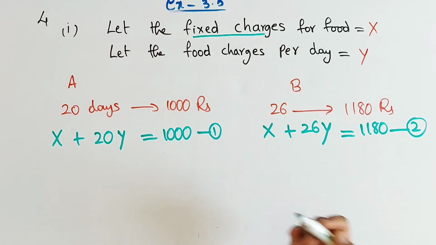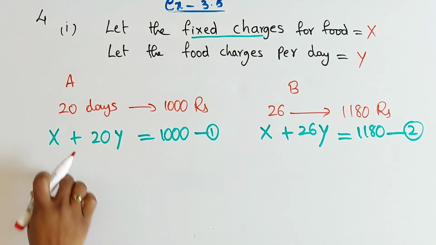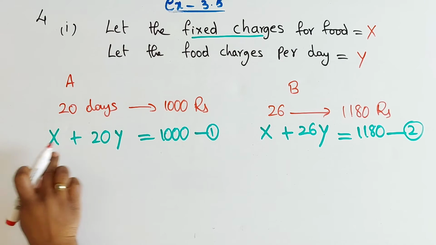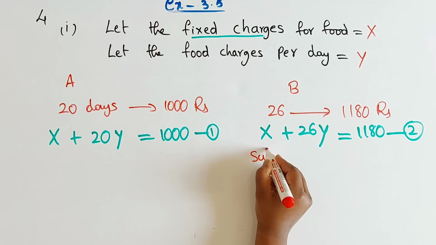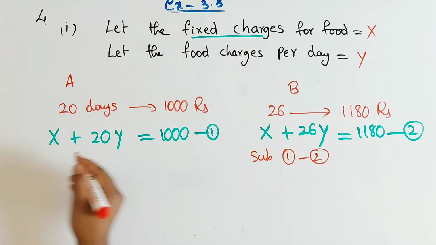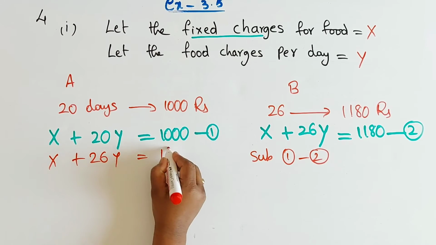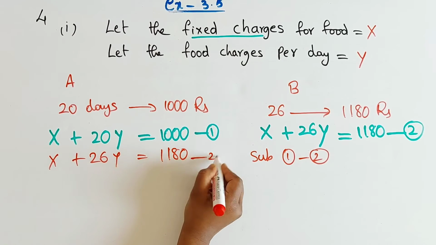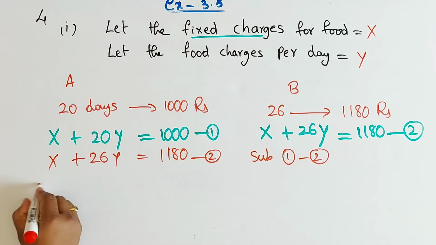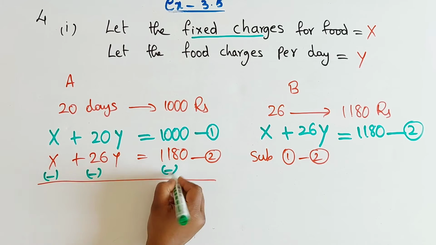Let us do it with the elimination method. In both equations we have the first term X and X, so let us subtract 1 minus 2, children. I am writing the second equation here: X plus 26Y equal to 1180. Now we have to do subtraction, so change the signs.